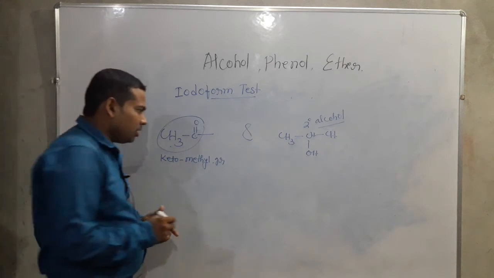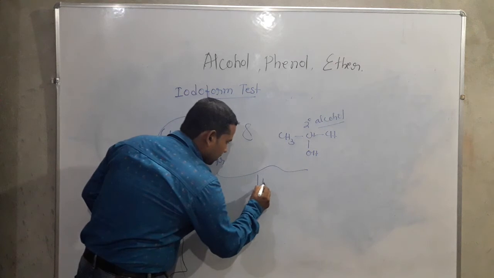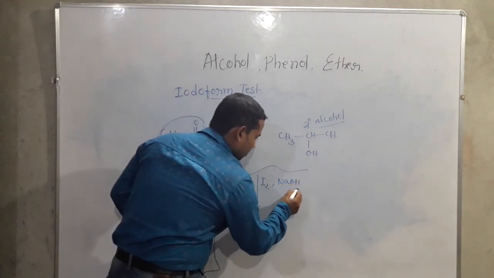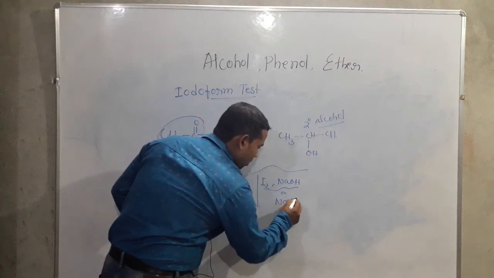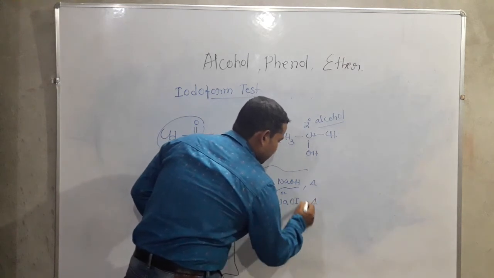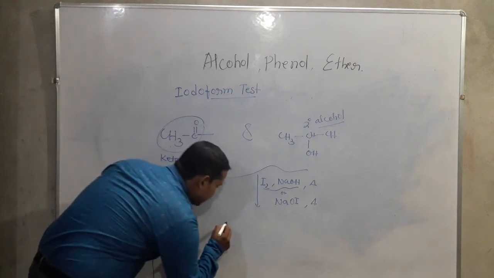What happens? You will add I2, NaOH or NaOI and heat. Clear? What happens? It forms CHI3.